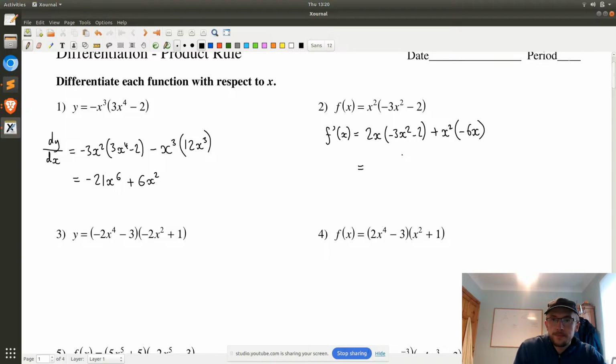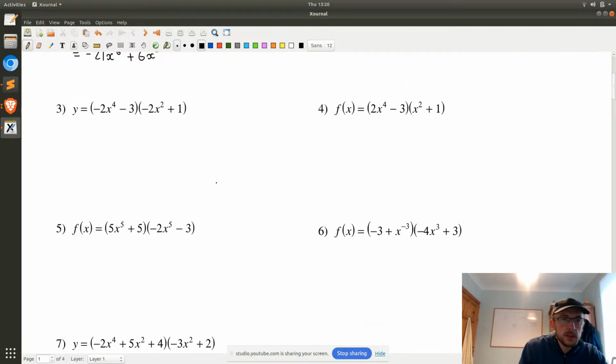And now that will give me a cubic, that will give me a cubic, and so I bring them together. So minus 12x cubed and minus 4x. And now we check. Everything must be checked. That is all correct, and that is good.